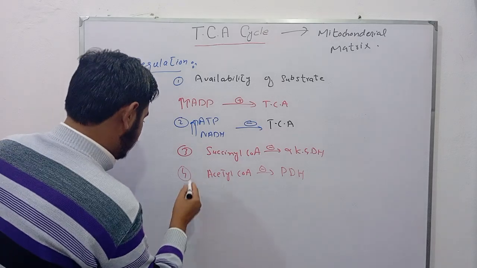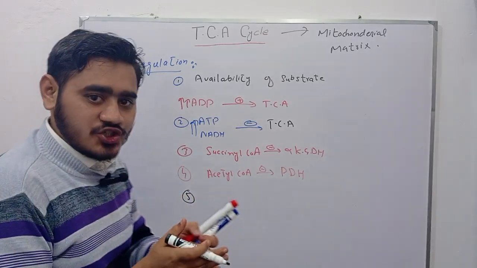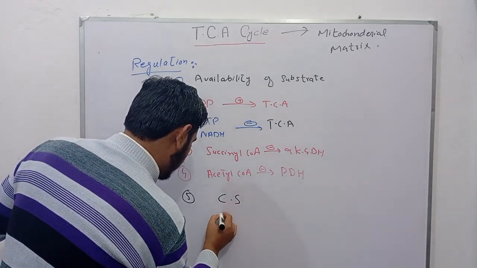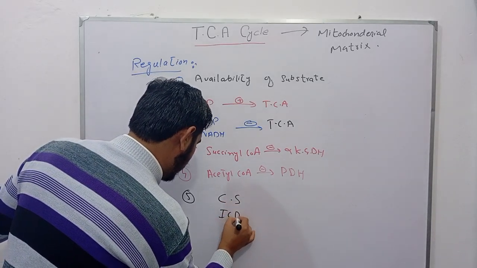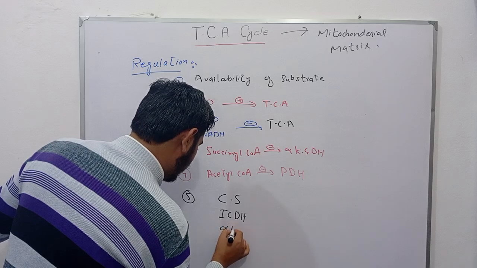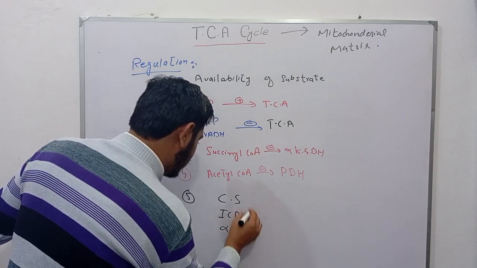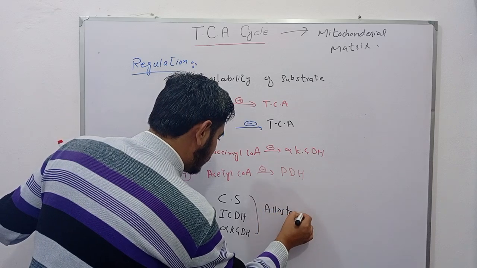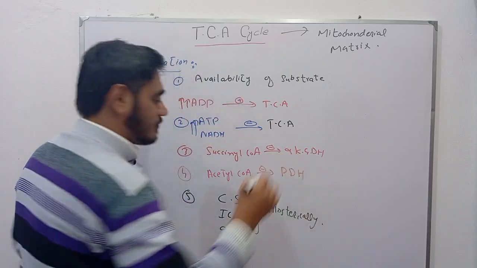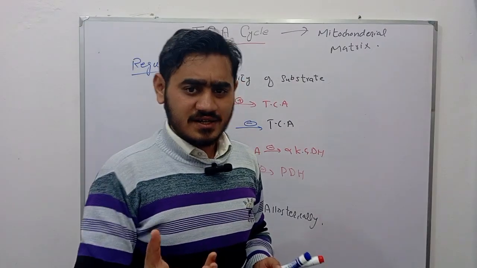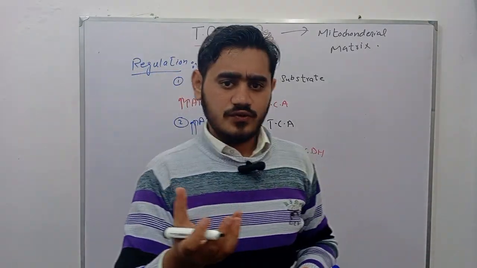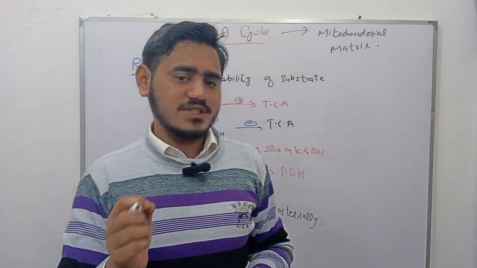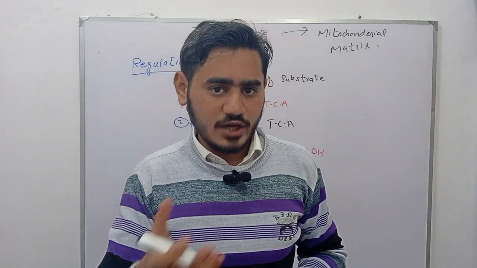And the fifth point is there is allosteric regulation of citrate synthase, isocitrate dehydrogenase, and alpha-ketoglutarate dehydrogenase. These all enzymes are regulated allosterically. Allosterically means the enzyme has two sites. First one is the active site and the other is the allosteric site. Allosteric site is basically the regulatory site.